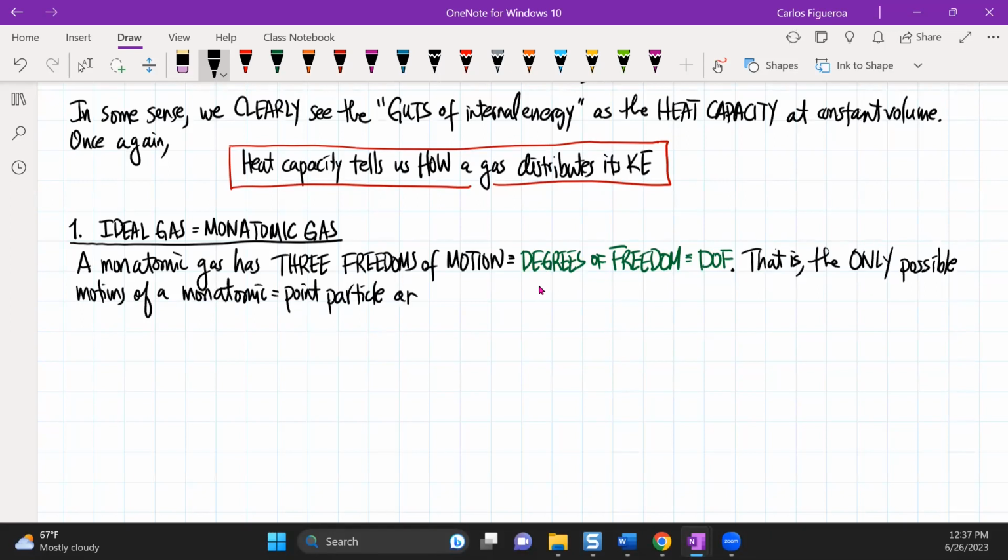So if I have a gas particle, here it is, there's only 3 ways that it could move. It could move in the X direction, the Y direction, and the Z direction. So then that tells us that degrees of freedom are 3.